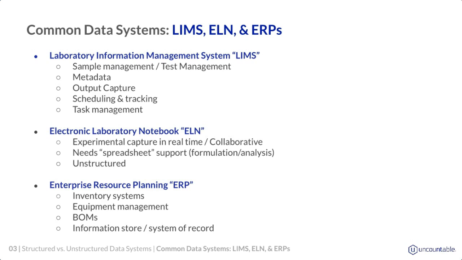So they tend to gloss over some of the important details about, why was an experiment run? Where did this production experiment or formulation come from? And maybe don't even include experiment data at all. We'll also talk with companies that maybe have analytical data in the ERP, like a special table, but none of their wet lab experiments. So while it's a really important system, it's far behind in terms of benefiting the lab environment.